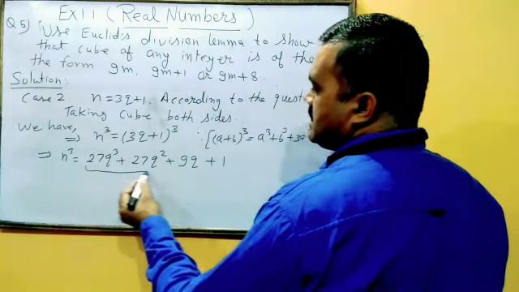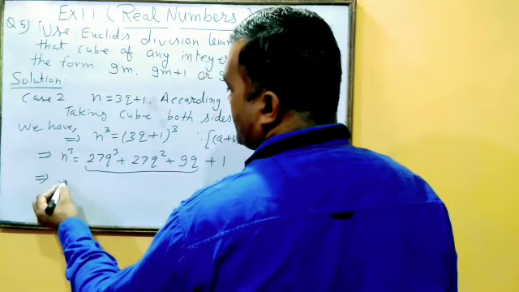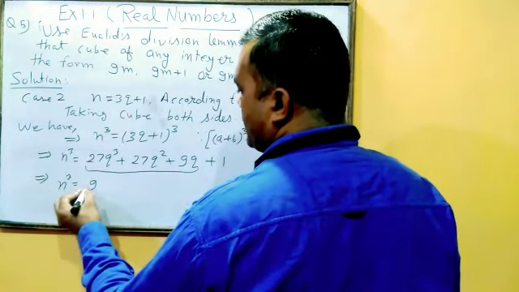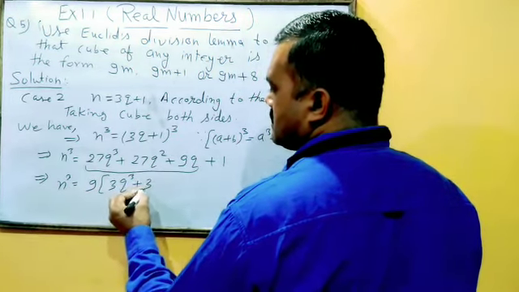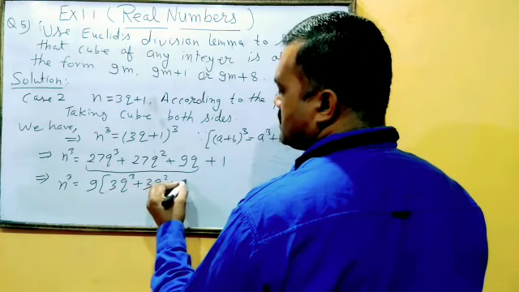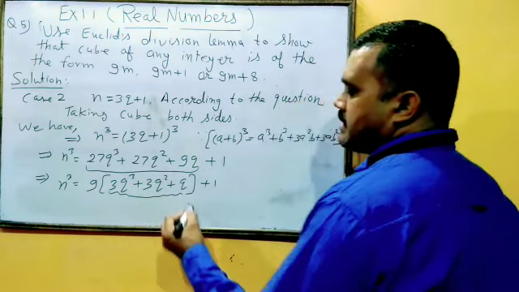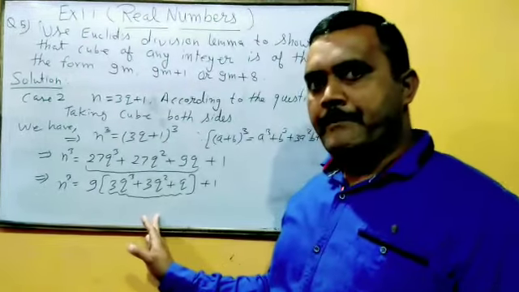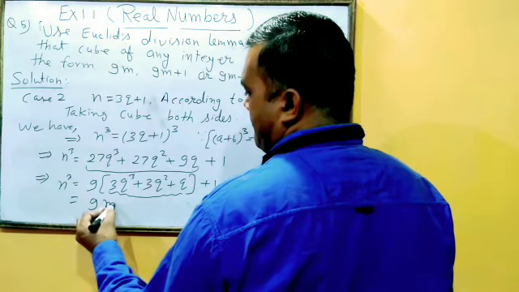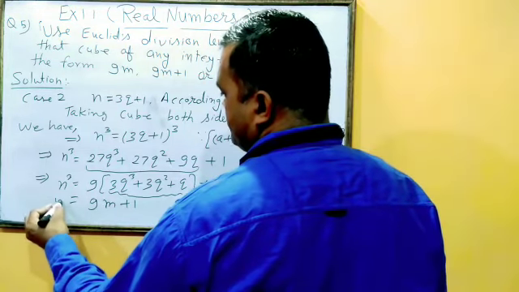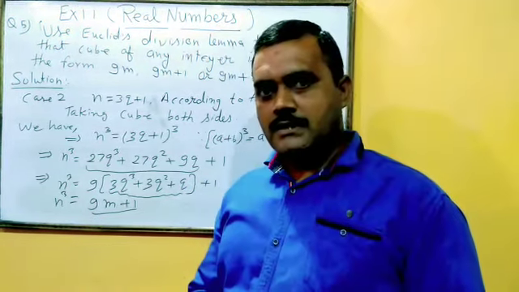From this part you can see 9 can be taken common. n cube is equal to 9 is common, so (3q cube plus 3q square plus q) plus 1. And this will be taken as another integer m. So we write 9m plus 1. Case 2 is done.